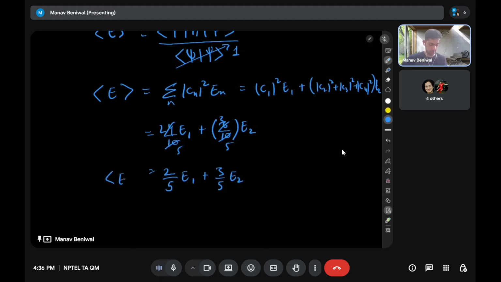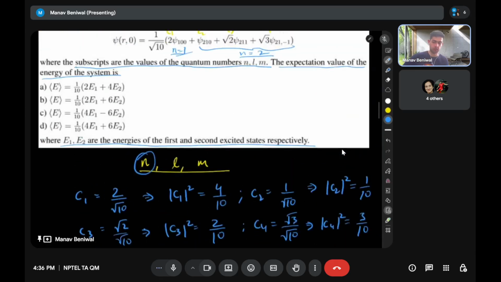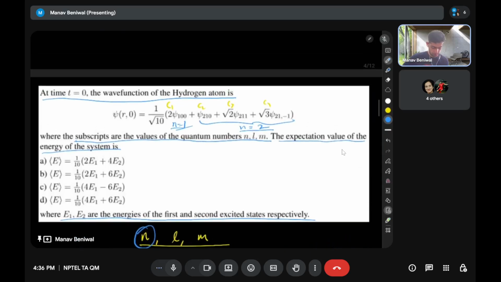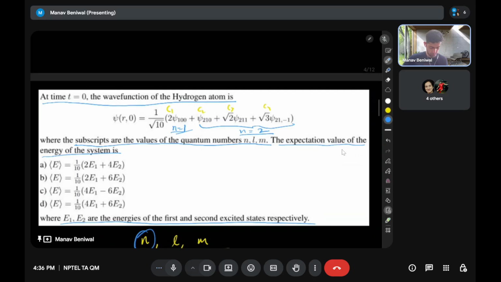This is the expectation energy in terms of e1 and e2. So I think option C. No, option D. C has a minus sign, D has a positive sign.